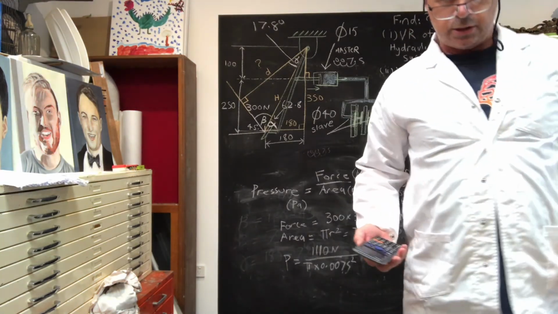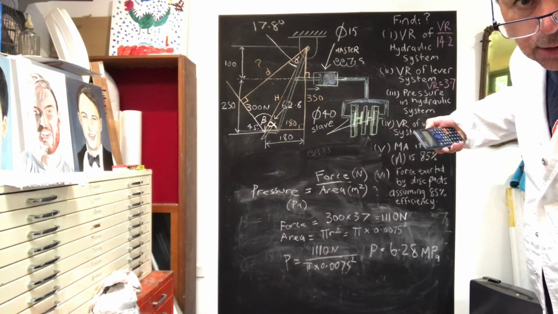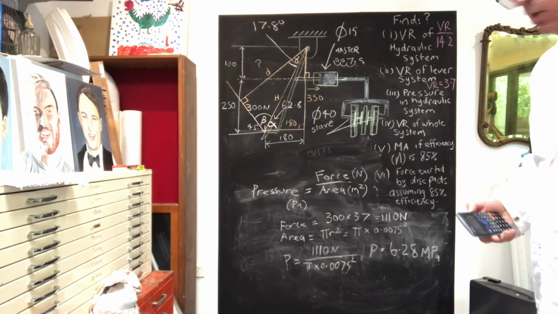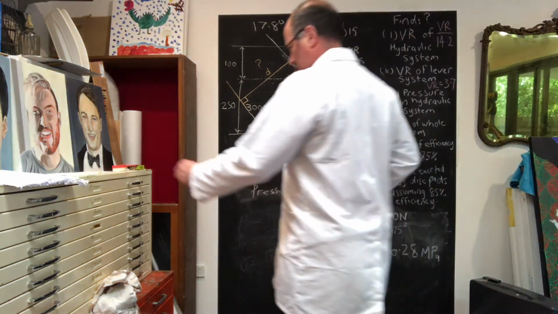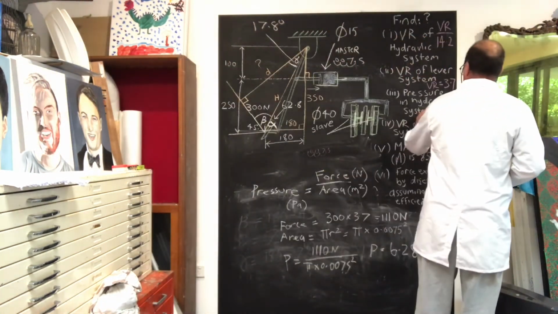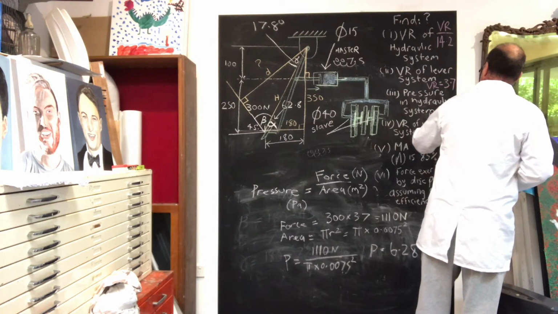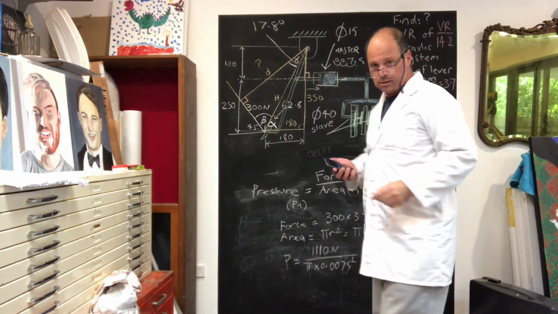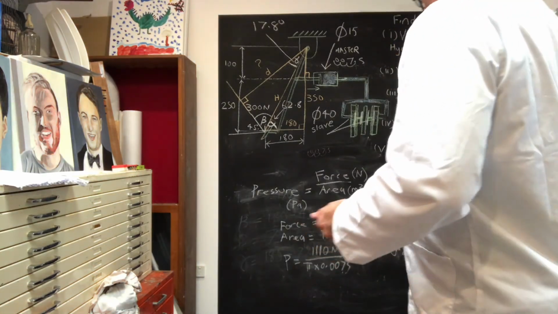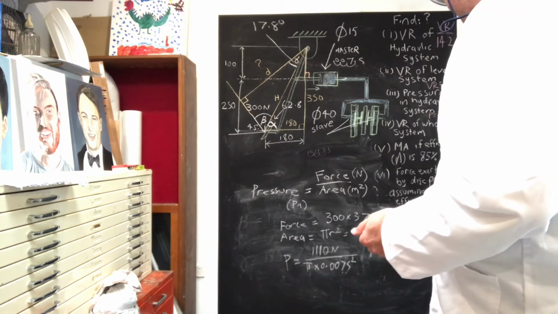So that is your pressure. So now we've got a value for pressure in the system, P equals 6.28 megapascals. So we've already got through 3 sections of this question.